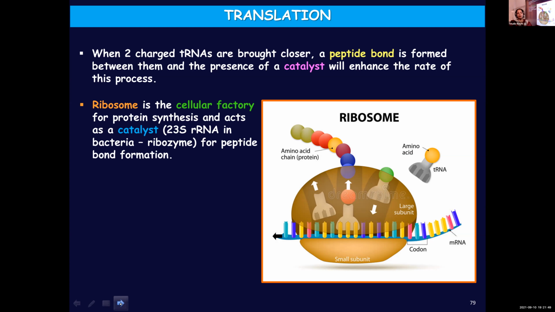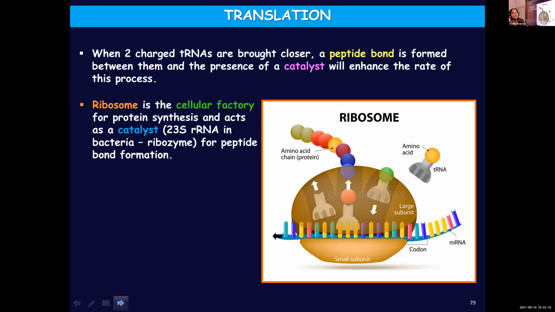Ribosome is a site of protein synthesis, a cellular factory in the cell. It's a cell organelle where synthesis of proteins takes place, and it also acts as a catalyst to facilitate the peptide bond formation. 23S. Children, this S indicates the sedimentation coefficient or Svedberg coefficient, the rate at which it gets sedimented.